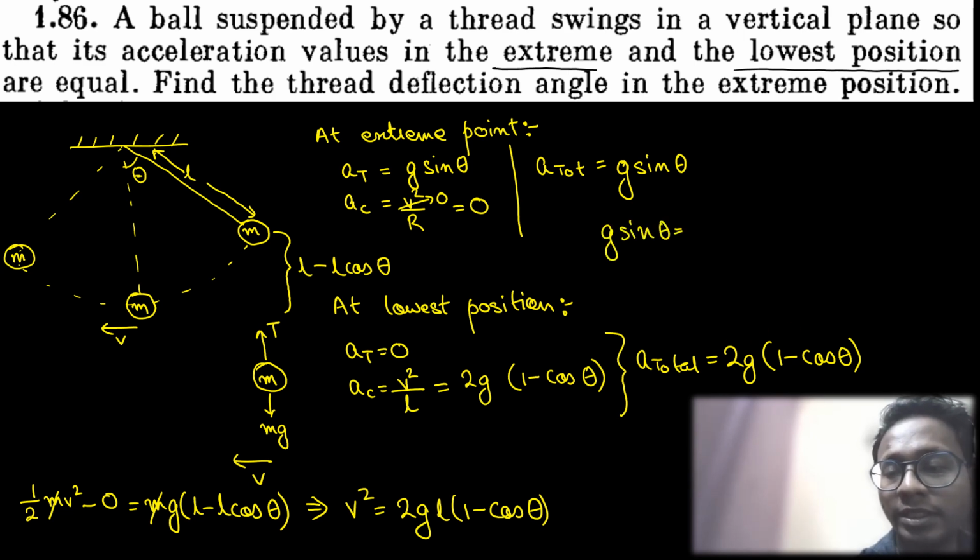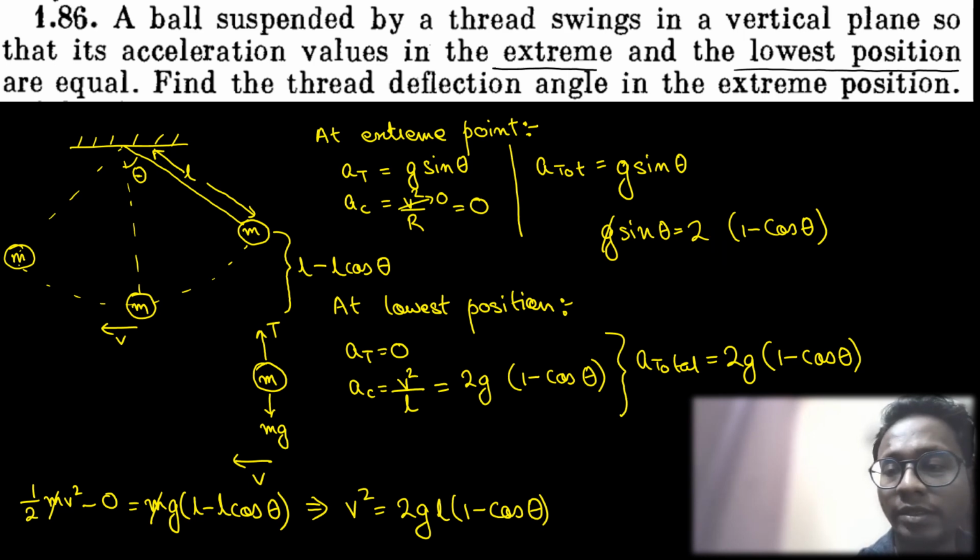Now the question is asking what must be the value of this theta. So the acceleration out here is equal to the acceleration out here. So can I say g sin theta is equal to 2g(1 minus cos theta)? g and g would get cancelled.